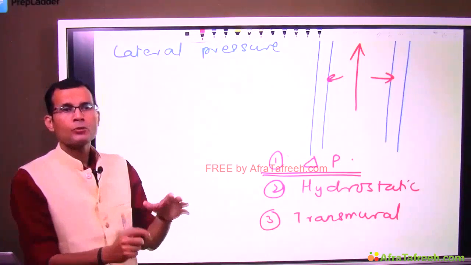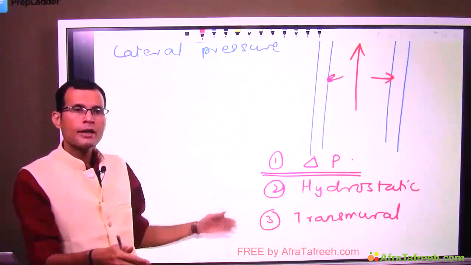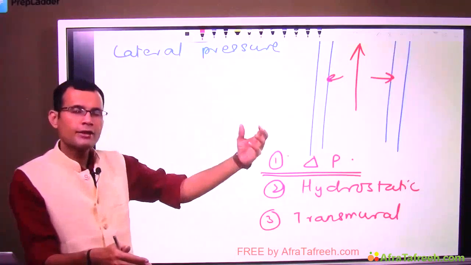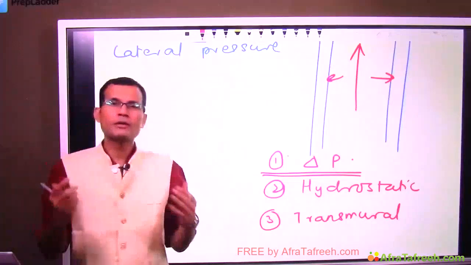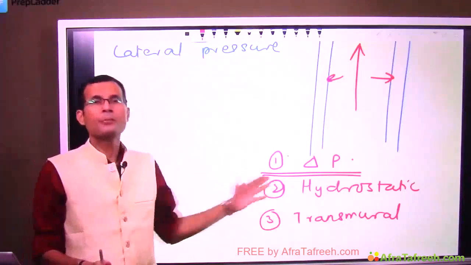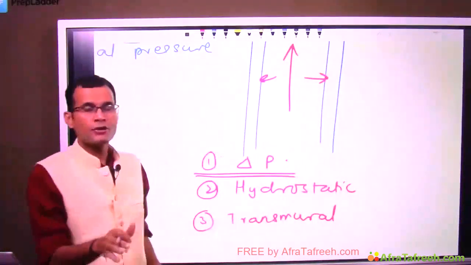So in the capillaries, pressure is somewhere between 30 and 10, and then from 10 at the start of the veins to right side of the heart, 0. So that's delta P, P1 minus P2, that drives the circulation, that drives the blood flow. So that's one dimension of the concept of pressure.